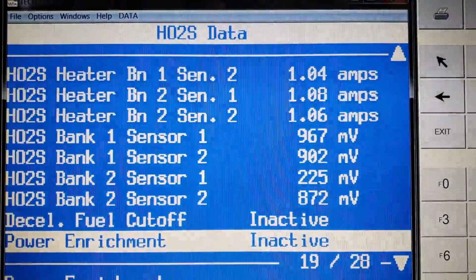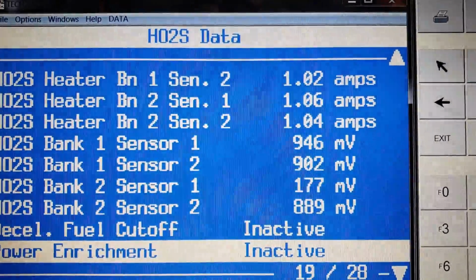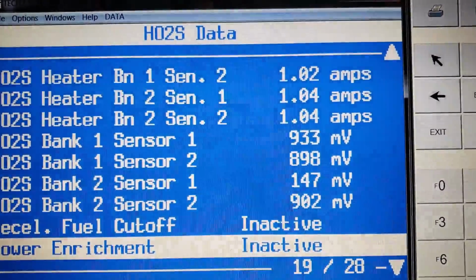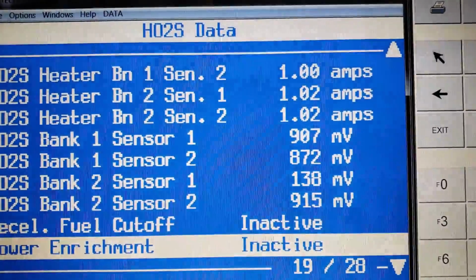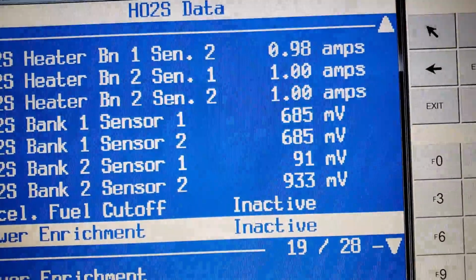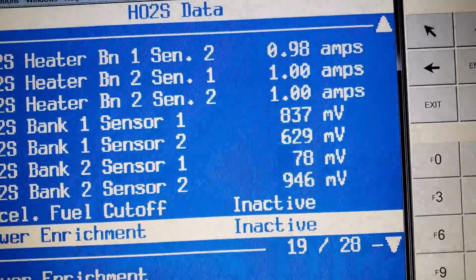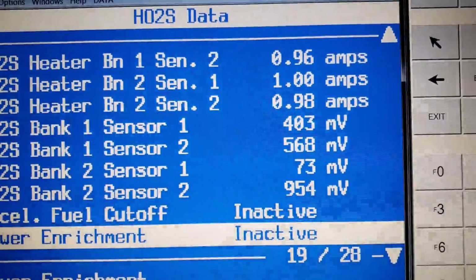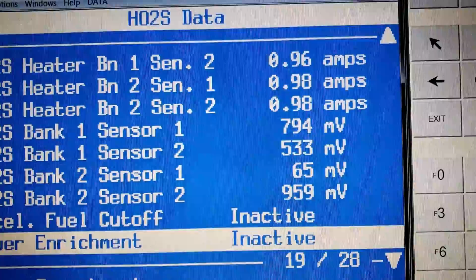Okay, so we got the sensor swapped. Bank 1 sensor 1 is now in bank 2 sensor 1, and bank 2 sensor 1 is now in bank 1 sensor 1. And it looks like we're starting to read the exact same way.